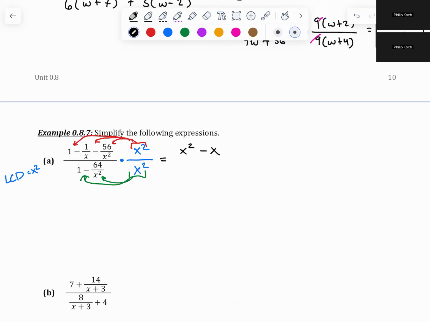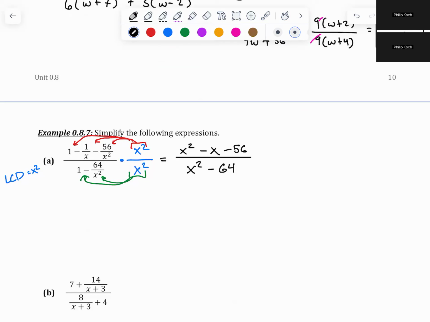On the third term, the x squareds completely cancel. So it's x squared minus x minus 56, all divided by, in the big denominator, 1 times x squared, that's x squared. And 64 over x squared times x squared, the x squareds cancel, and we've got minus 64.